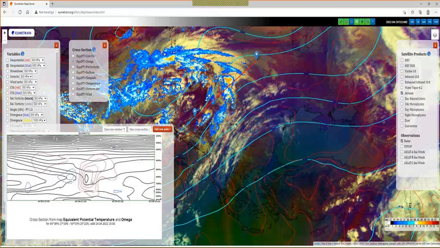You can see that especially over the area of convection there is even some synoptic lift. It's on a larger scale where you can find vertical motion.